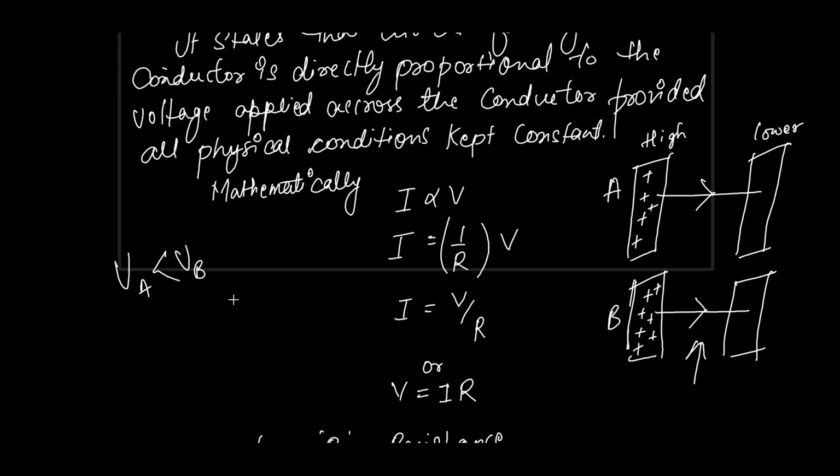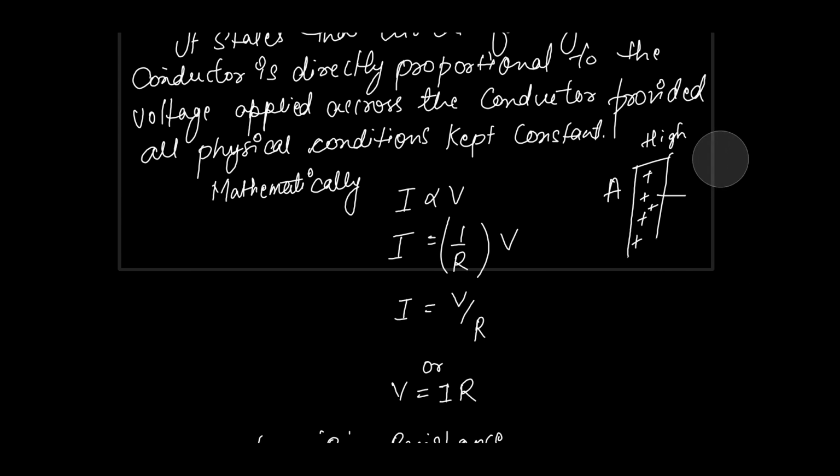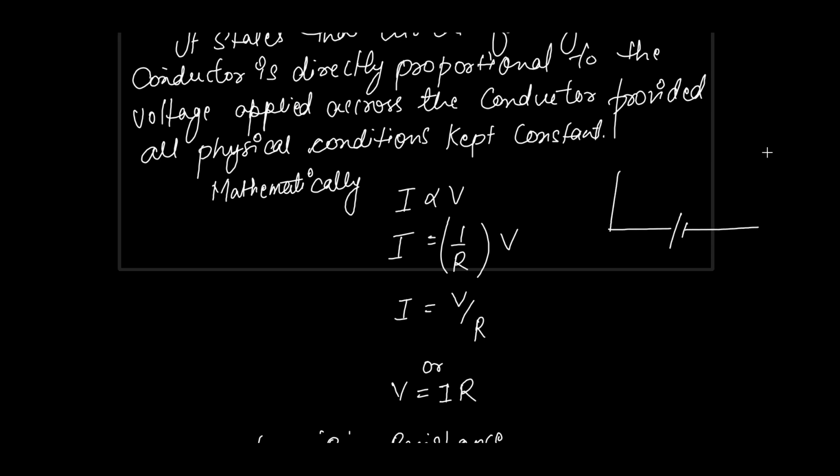Now let us remove all this, and I will make a simple circuit here. Let's consider we have a circuit like this with 2 volts of potential difference, and the current will be flowing from the positive to the negative terminal as discussed earlier.